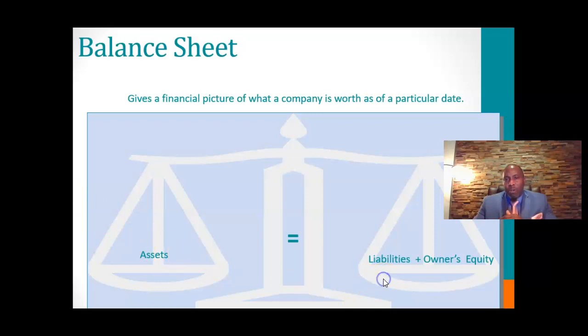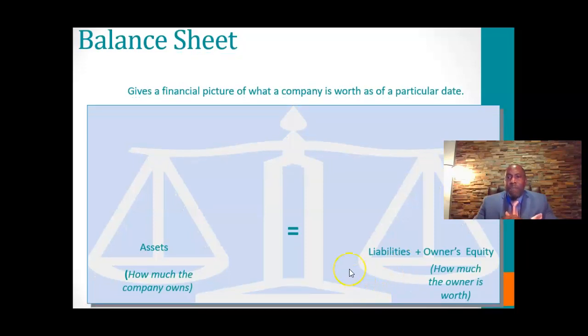It also shows who owns those assets, meaning the liabilities as well as the owner's equity of the business. So the balance sheet, just like the accounting equation, must always be in balance, meaning the assets, the amount the company owns, equal liabilities plus owner's equity.